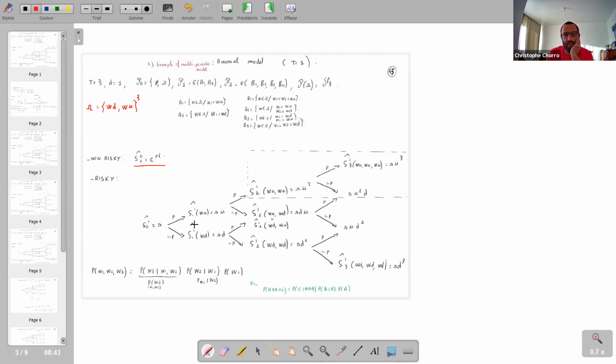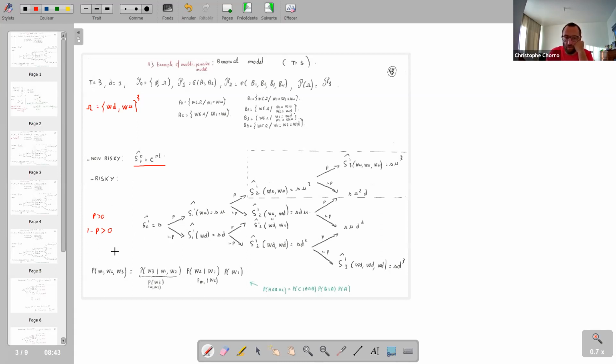The only thing I have to preserve, if I do this, is that I want a recombining tree, meaning that an increase followed by a decrease gives rise to the same thing as a decrease followed by an increase. What is more, I consider that the probability to increase and the probability to decrease, that I call respectively P and 1 minus P, supposing that P is strictly positive and 1 minus P is also strictly positive, are the same for each sub period.